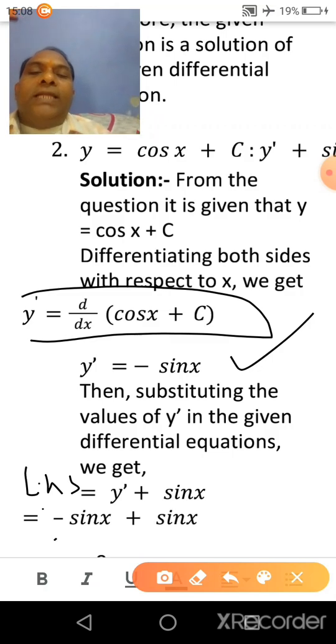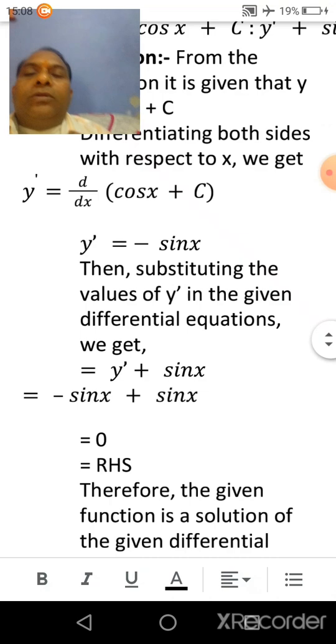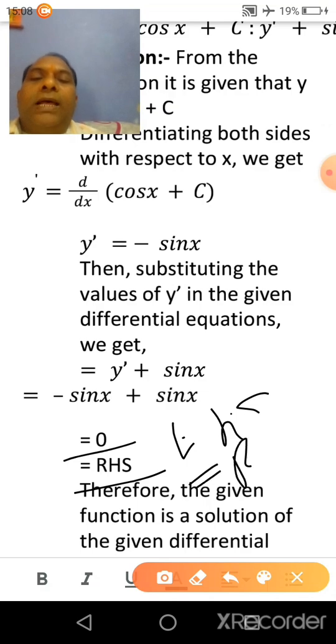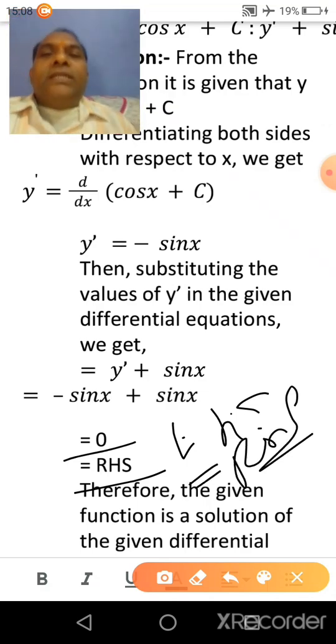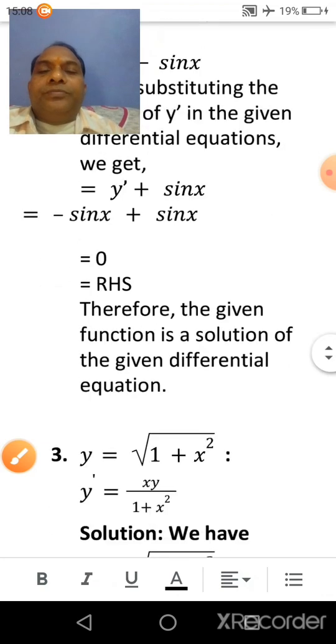So minus sin x plus sin x is equal to 0. Clear? So LHS is equal to RHS. Therefore, y is equal to cos x plus c is the solution of given differential equation. Clear?